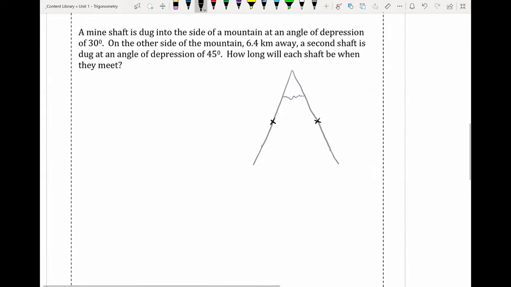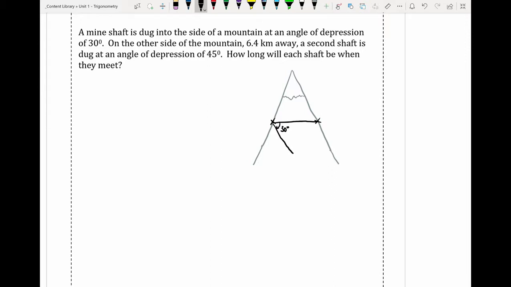And the first thing is we have a mine shaft on the side of one mountain, and we have a mine shaft on the other side. So the first one, it says it's dug into the side of the mountain at an angle of depression of 30 degrees. So angle of depression means from a horizontal line going down 30 degrees.